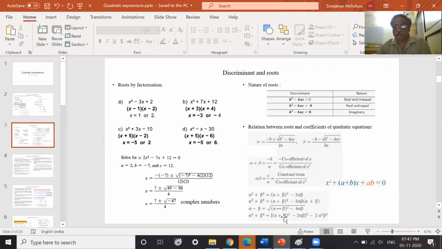So this becomes alpha square plus beta square whole square, that means alpha to the power 4 plus beta to the power 4 plus 2 alpha square beta square. This gets cancelled, so I am left with alpha to the power 4 plus beta to the power 4. That means I am converting this into the sum of the roots and the product of the roots, so I can find out this. Our problems will be coming on this type of questions.